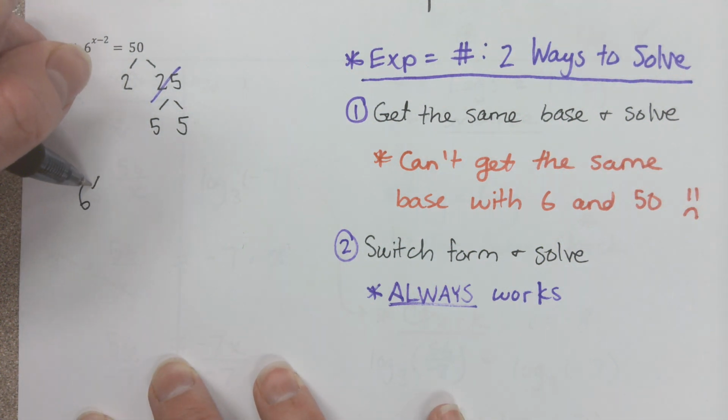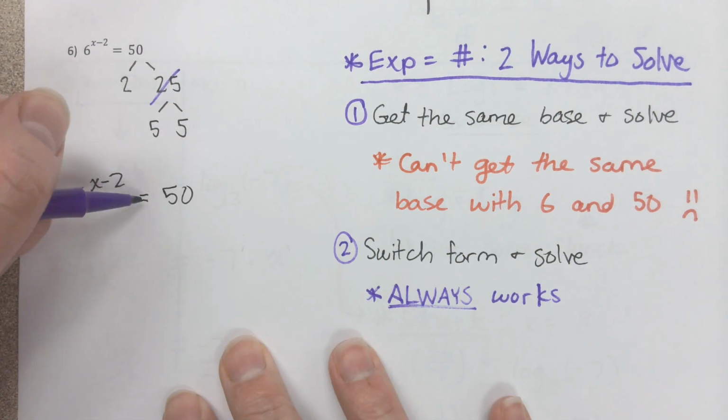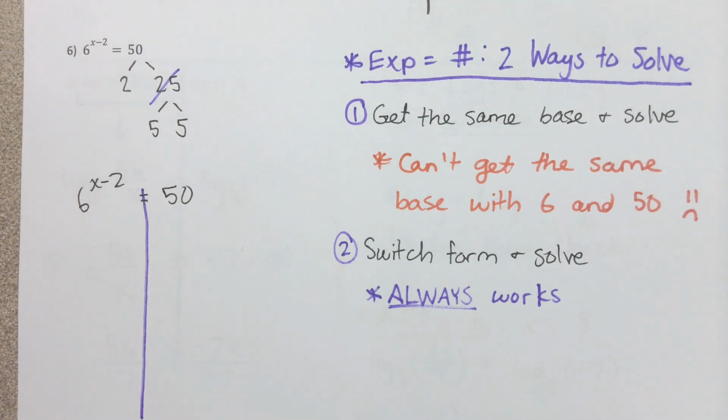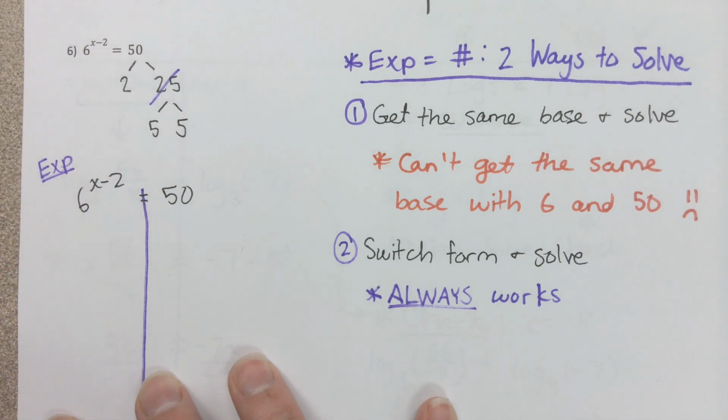We have 6 to the x minus 2 is equal to 50. We are currently in exponential form. So for once, we are switching it into log form. It's log form, so you start with log, L-O-G. Base stays base. My base this time is 6.